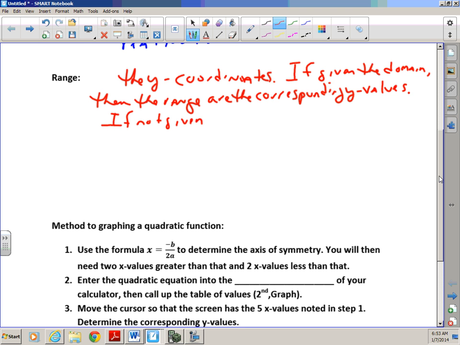So, if not given the domain, then it's one of two.